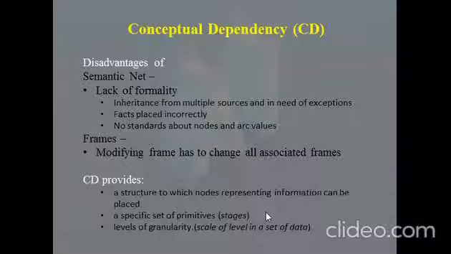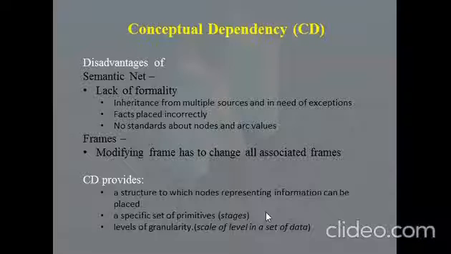So as against these disadvantages, we will be using conceptual dependency. It provides a structure to which nodes representing information can be placed. So information represented by nodes can be included in this conceptual dependency, and we will be using a specific set of primitives or stages which we will be discussing soon.